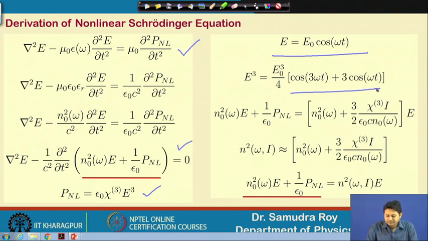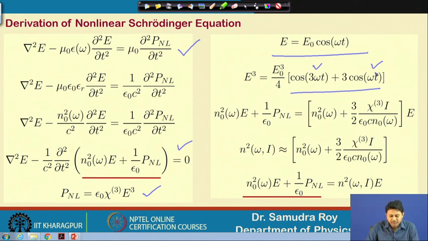Next, if I put this here in this equation, then I should have a frequency component 3 omega and the frequency component omega. So, the 3 omega component is basically the third harmonic generation part. The third harmonic generation part we may neglect at this point, because third harmonic generation requires some sort of phase matching to evolve.